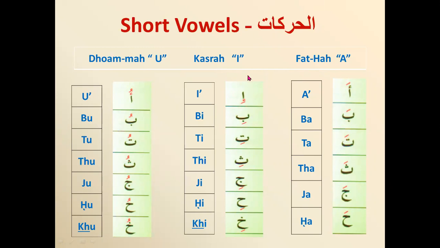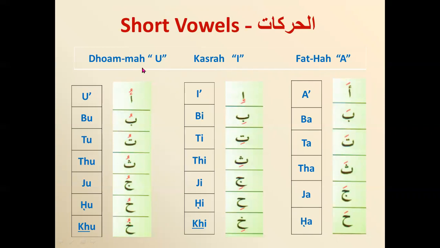Now let's move to the kasra. With the same example, we have hamza kasra, and how do you read this one? E. Ba kasra, bi. This is how we read now because we already added the E sound to these letters. So we have ti, thi, ji, hi.